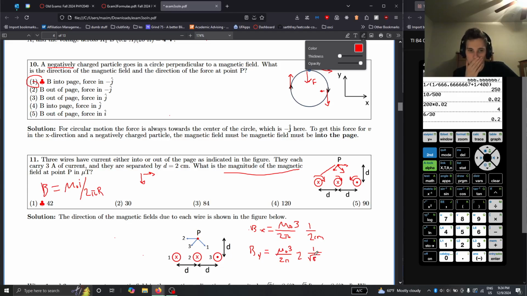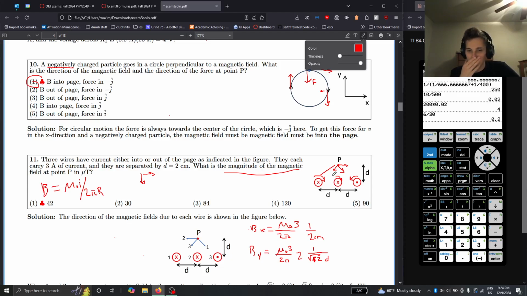Or, sorry, what am I doing? It's square root d squared plus d squared, or root 2 times d. There we go.